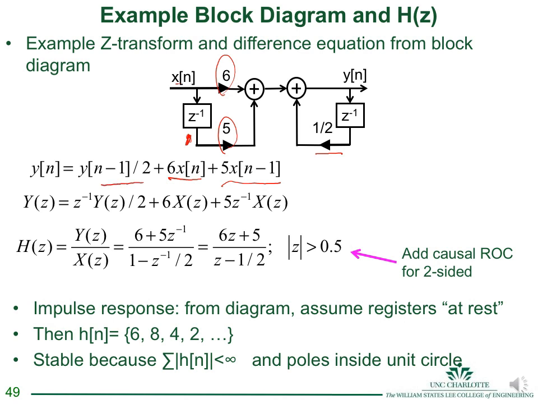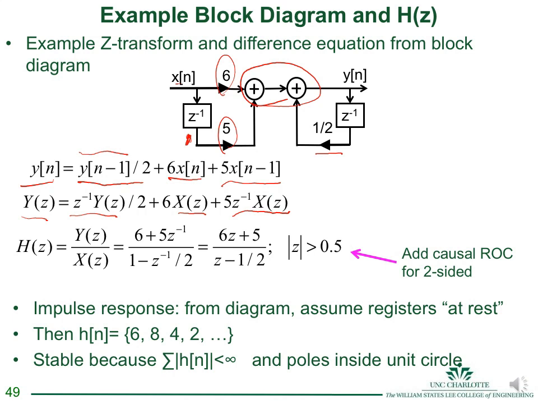And so from this, we can find Y of z using the z transform properties. So I get z to the minus 1 times Y of z for y of n minus 1. I get X of z for the z transform of x of n, and z to the minus 1 X of z for the z transform, using the delay property, of x of n minus 1.